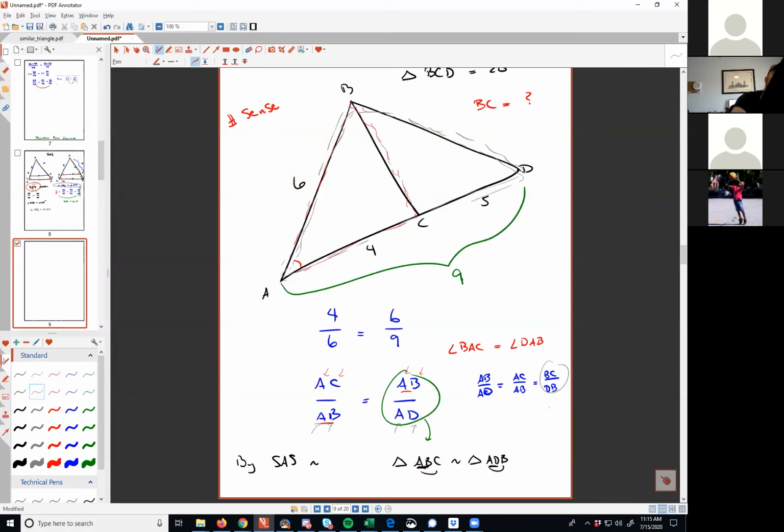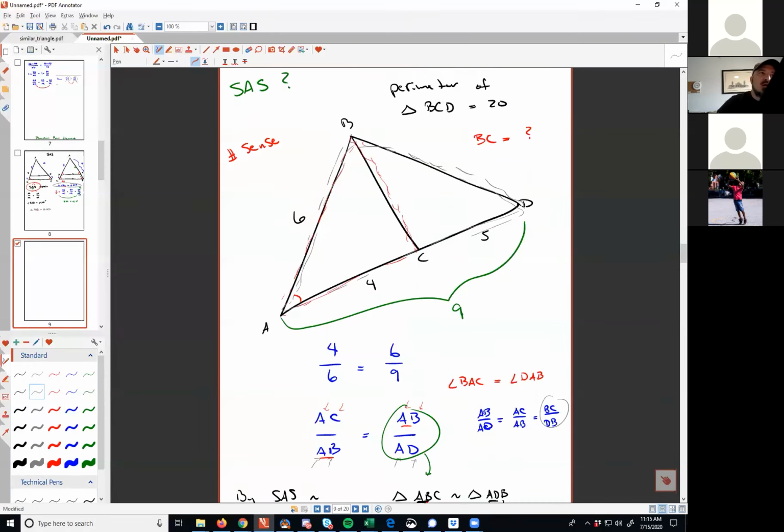We can't determine BC and DB yet, can we? What do we know about BC and BD at this point?